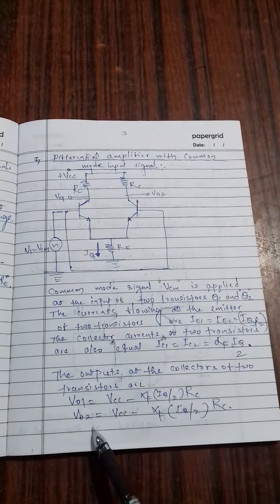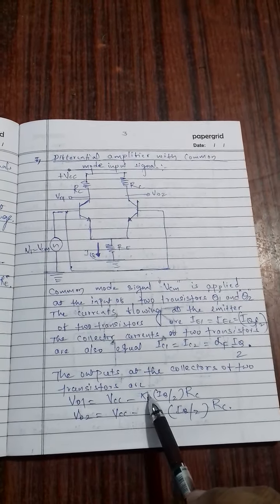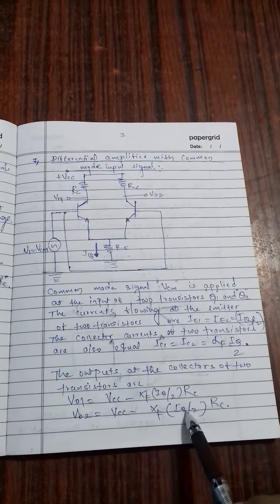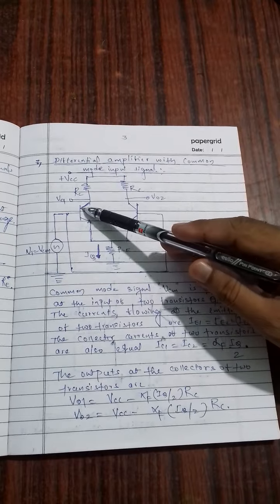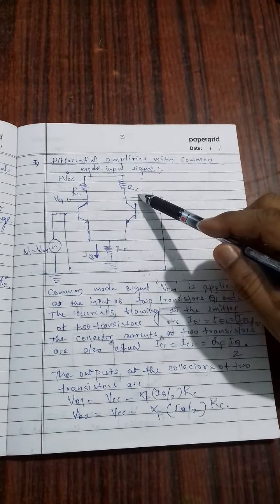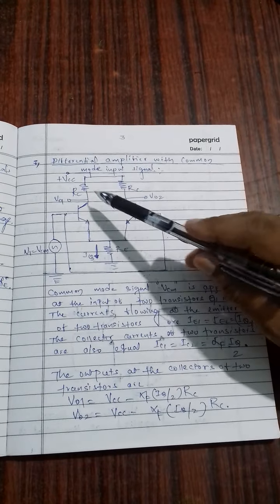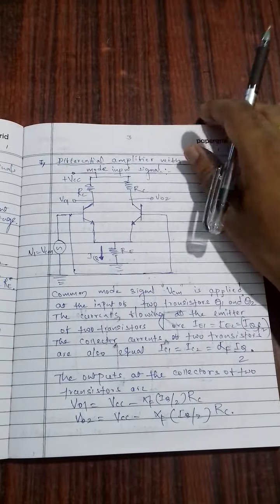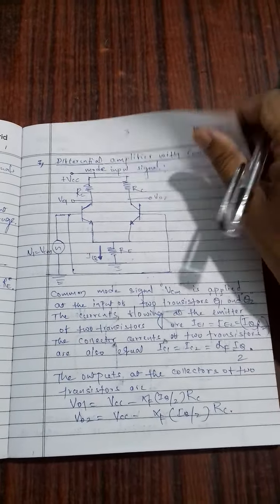That is, VO1 is the output at the collector of transistor 1, VO2 is the output at the collector of transistor 2, and RC is the collector resistance.